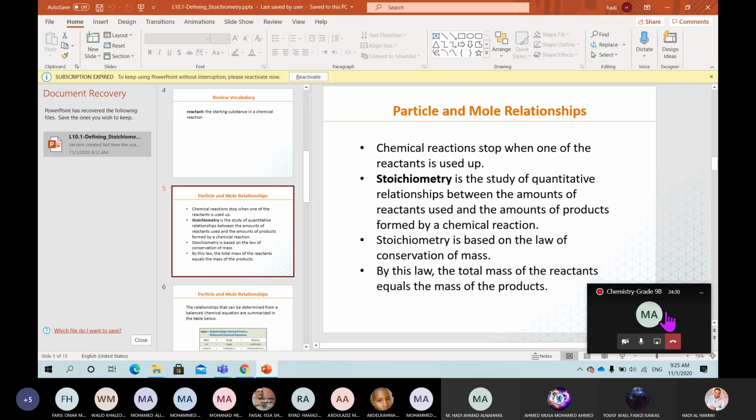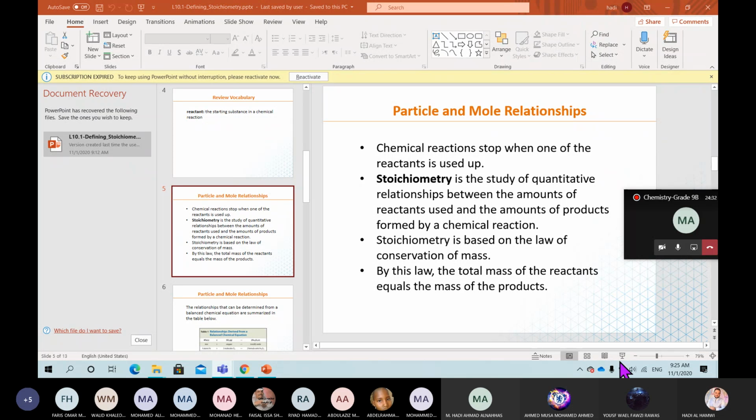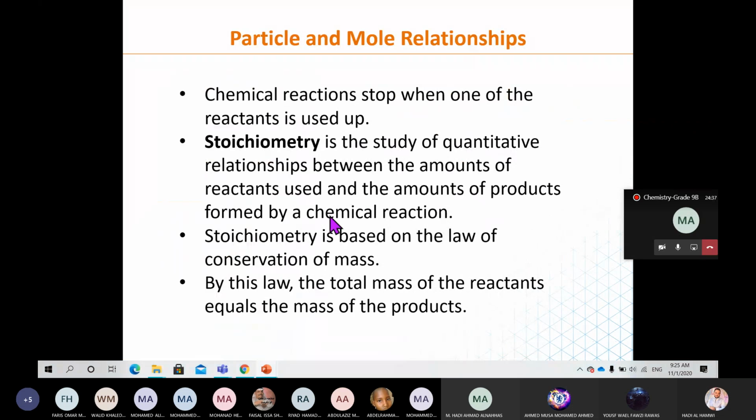So there is a direct relation between stoichiometry and what? The law of conservation of mass. Why? Because stoichiometry depends on any quantitative relationship between reactants and products, and the mass is one of the quantities that is related between reactants and products. So stoichiometry is based also on the law of conservation of mass.